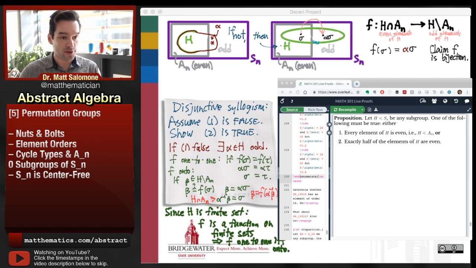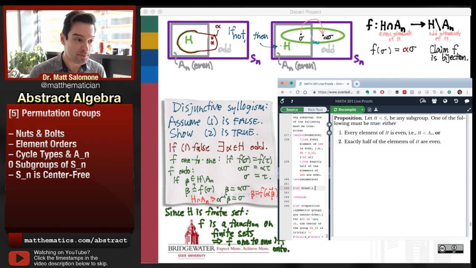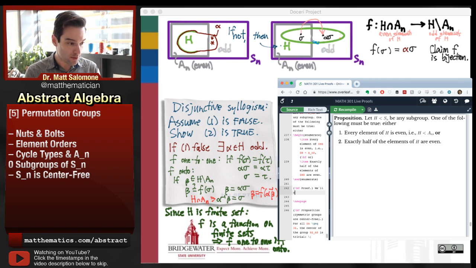So I've kind of gone through this really quickly. Let's take a few steps back and actually write this up as a proof, and try and make it as nice of a proof as we can, following our best practices for how to write meaningful proofs that are readable. So the first thing I want to do is to introduce the reader to my strategy. Right? So we'll use the law of disjunctive syllogism.